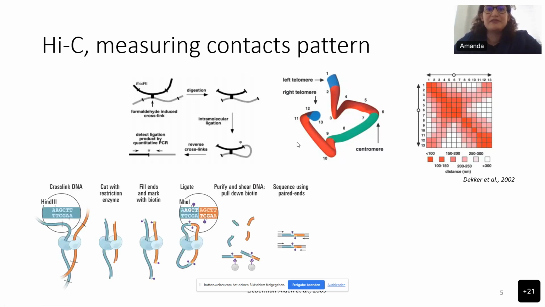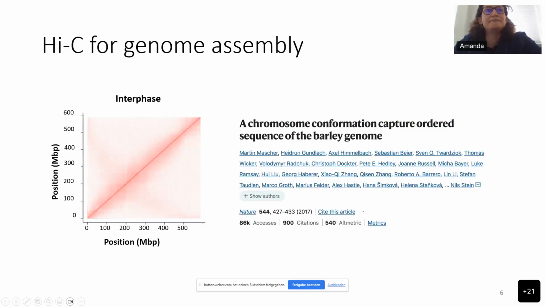And later Hi-C was developed, which is for the whole genome. And Hi-C was used by our group to assemble the genome for barley.